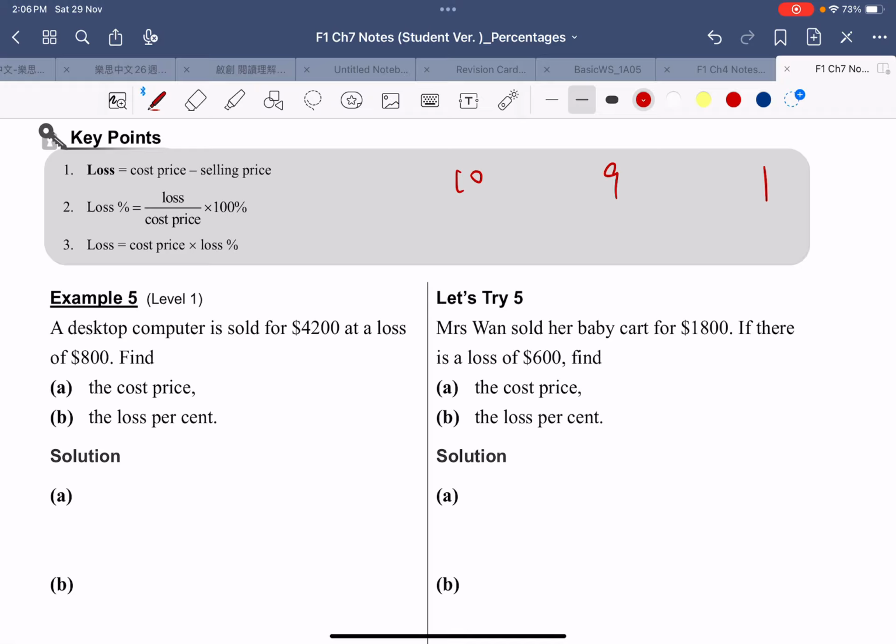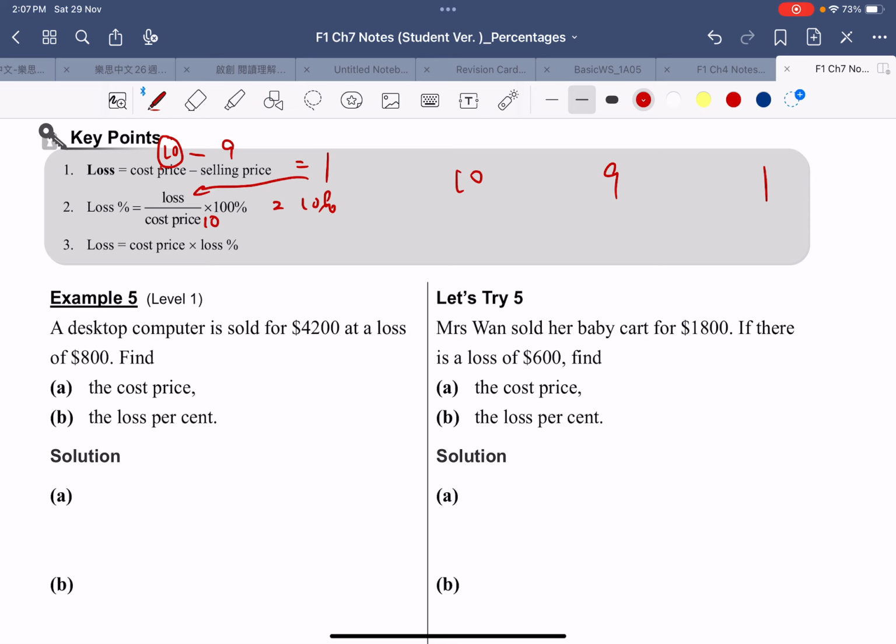And again, think about it. In this case, you are going to have a loss of $1, and put it here. The $1 is your loss, and the cost is always the money you pay to buy the things. $10, 10 at the bottom, and put 1 here, will give you 10% for the loss.